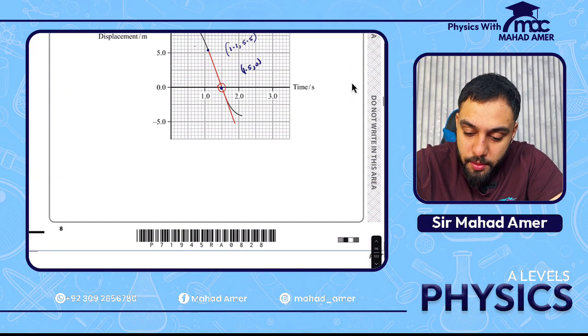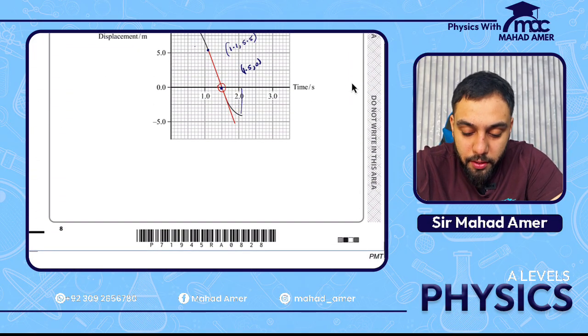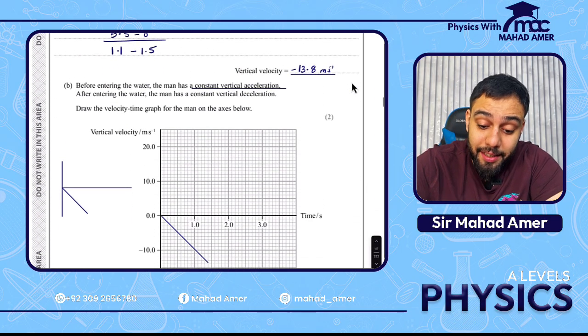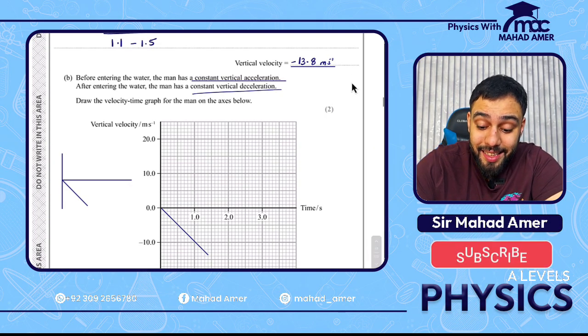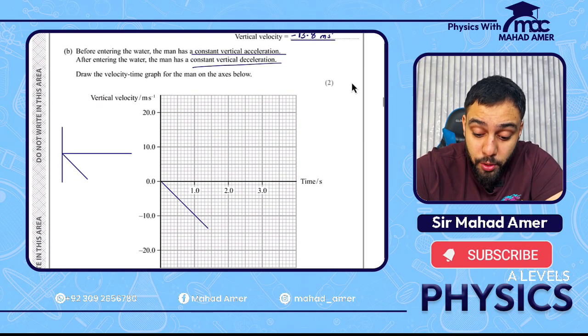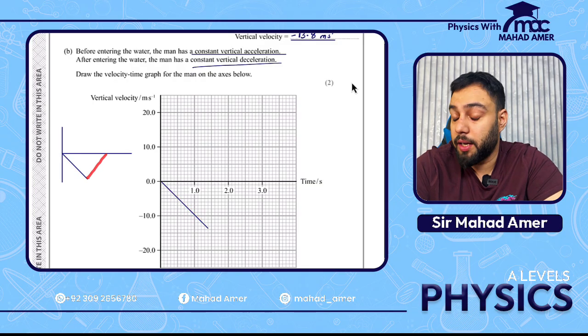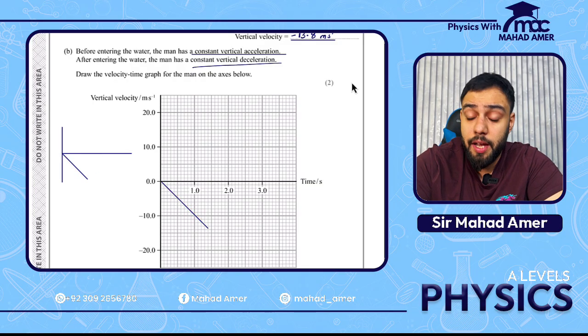And then at time 2.1 seconds, it came back to rest in the water, and it's saying that it's a constant vertical deceleration. This is vertical acceleration in the negative direction, and deceleration means it's going to go like this. Again, we have discussed each and every graph individually.